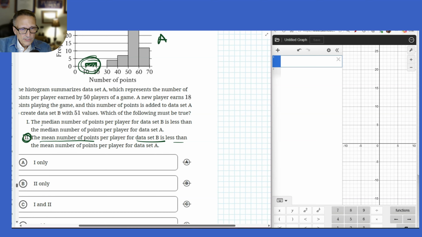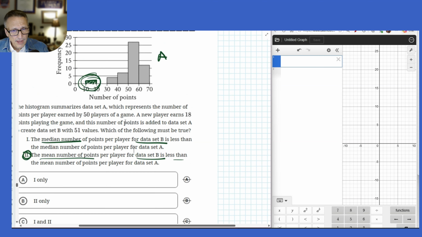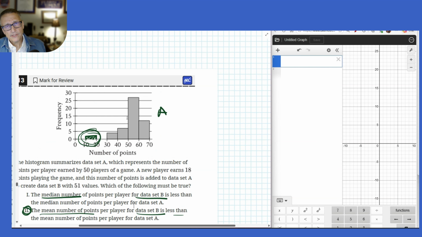But the question is, does the median change? Does the median become less? Well, here's the thing. If you have taken a stats class, you know that outliers may or may not change the median of a data set. For example, if I show you the following data set of 5 numbers, the median is 8 right here.